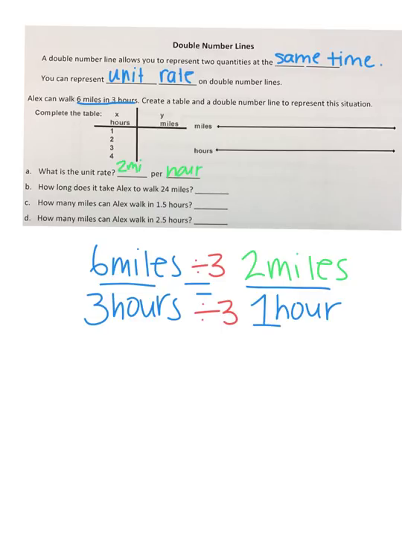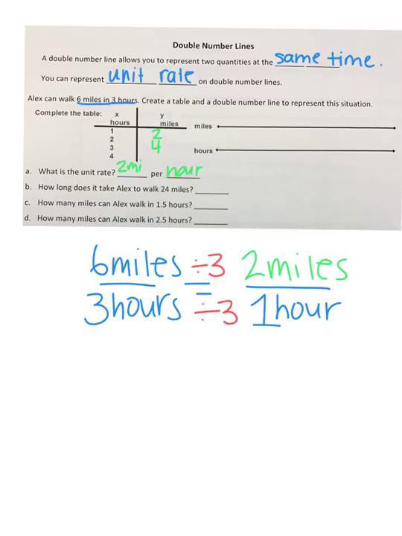So now we can also fill out our table. So we know in 1 hour he went 2 miles. In 2 hours he can double the amount of miles he went. So 2 times 2 would be 4. And you want to match these up a little bit better than I am. It's hard to write on a video. So in 3 hours he can go 3 times the amount he went in 1 hour.